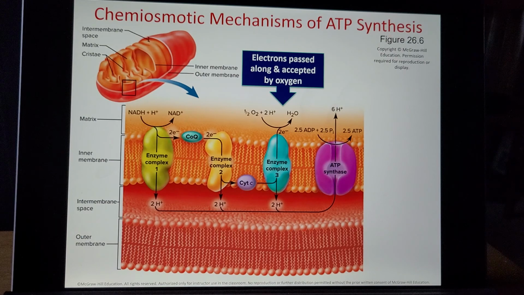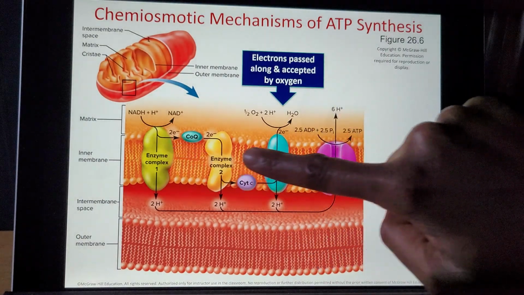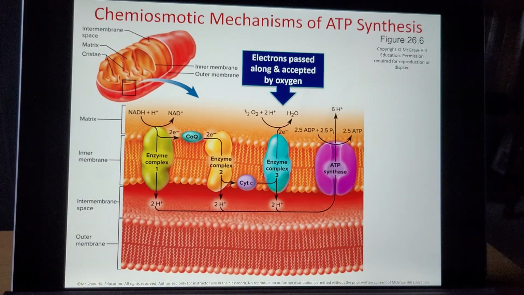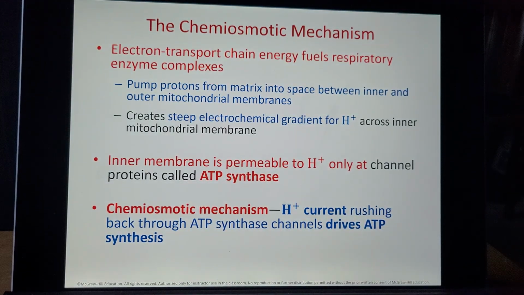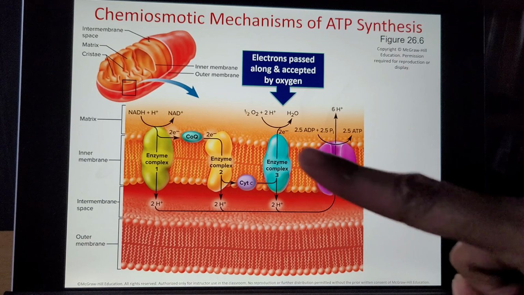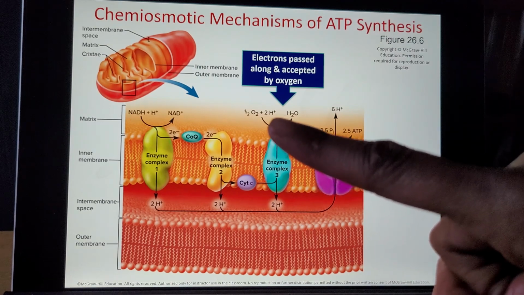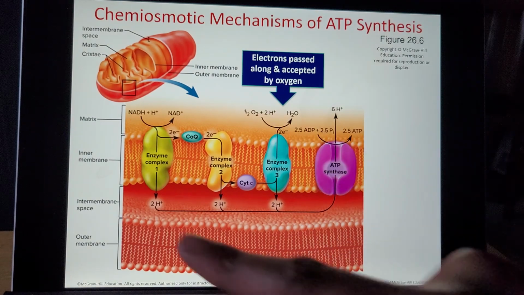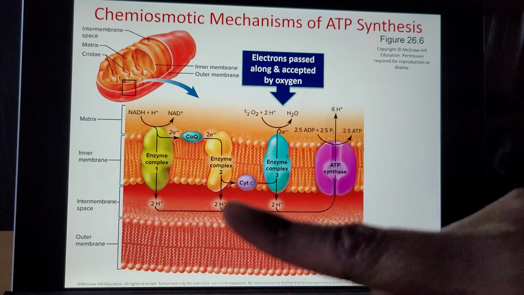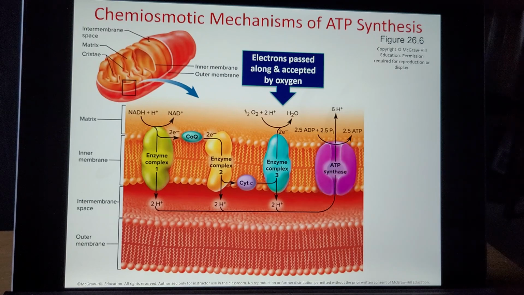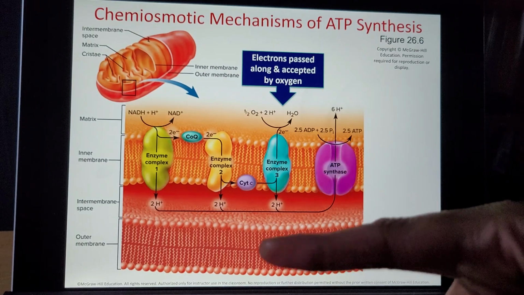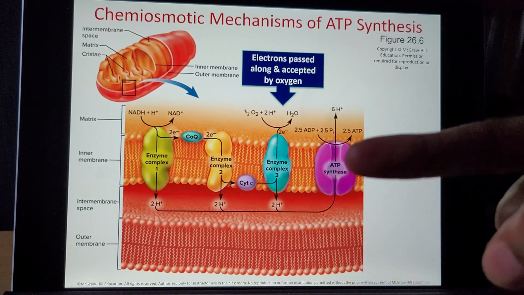So here's the cute cartoon version. The colorful proteins in our membrane are our electron transport chain. They're passing along electrons, to be finally accepted by oxygen, creating water in the process. These enzymes pass along the electrons, but they're also pumping hydrogen protons into the intermembrane space, between the outer and inner membrane.